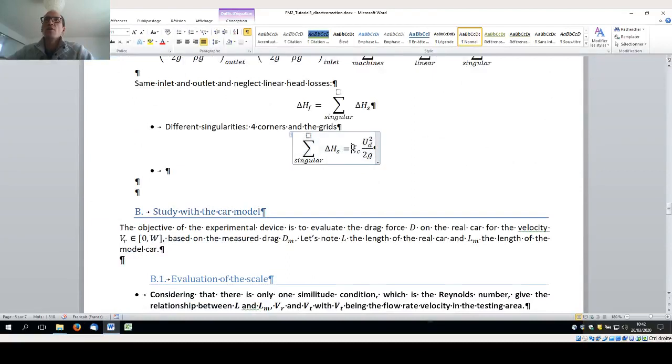Okay, so you have 2 corners applied on the section 1, plus 2 corners with section 2, that we can write if we want.